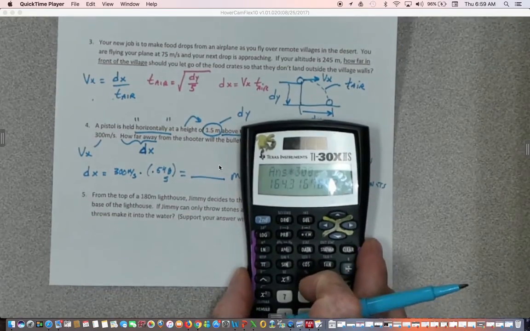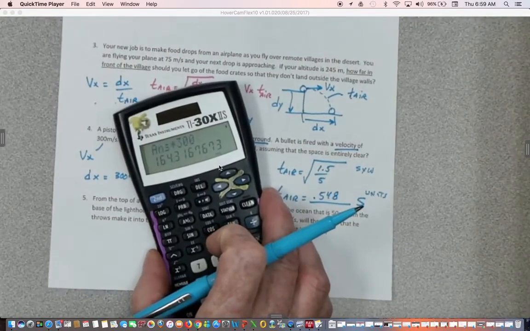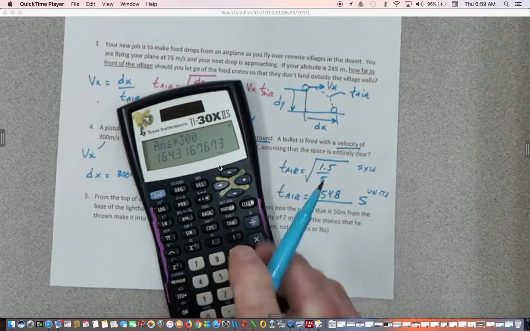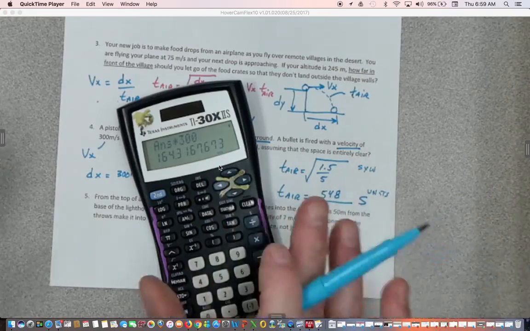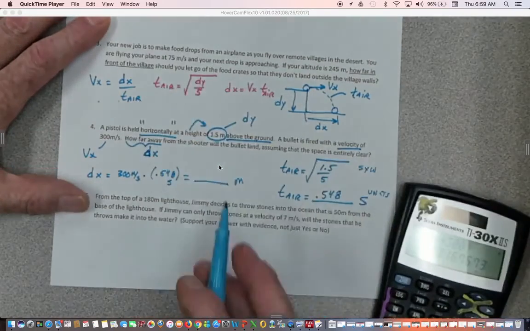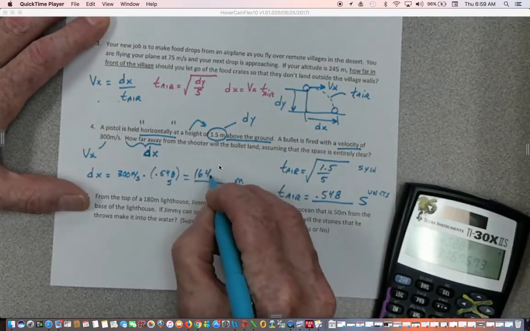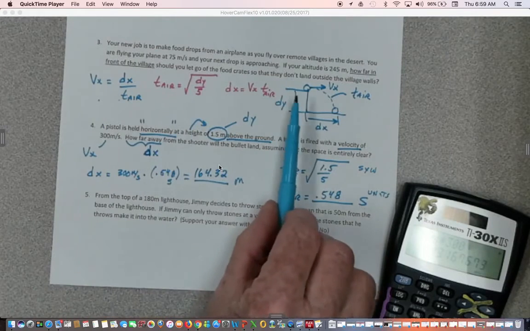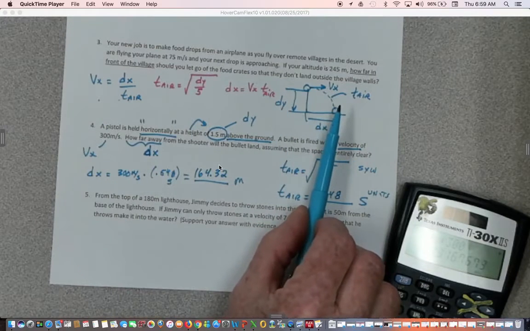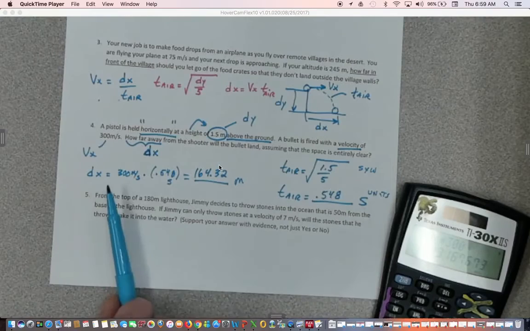I calculated this, and now I'm just going to round it to 164.32. If you have something close to that, you just rounded funny. 164.32 meters. So you have three formulas you're using in these problems. It's worth 6 points.